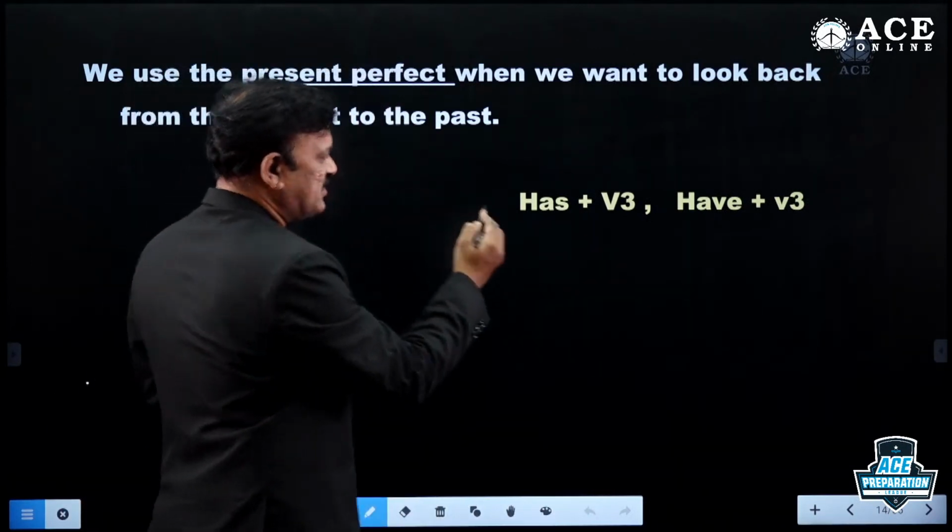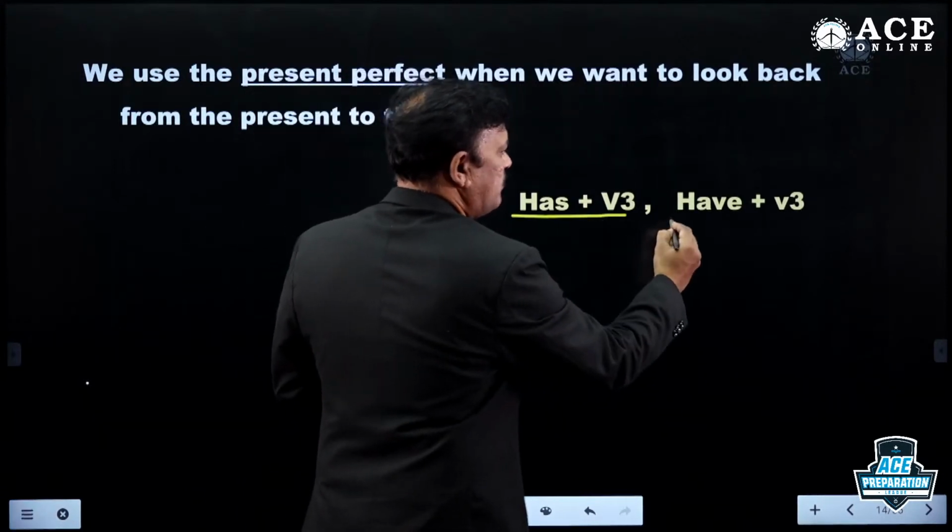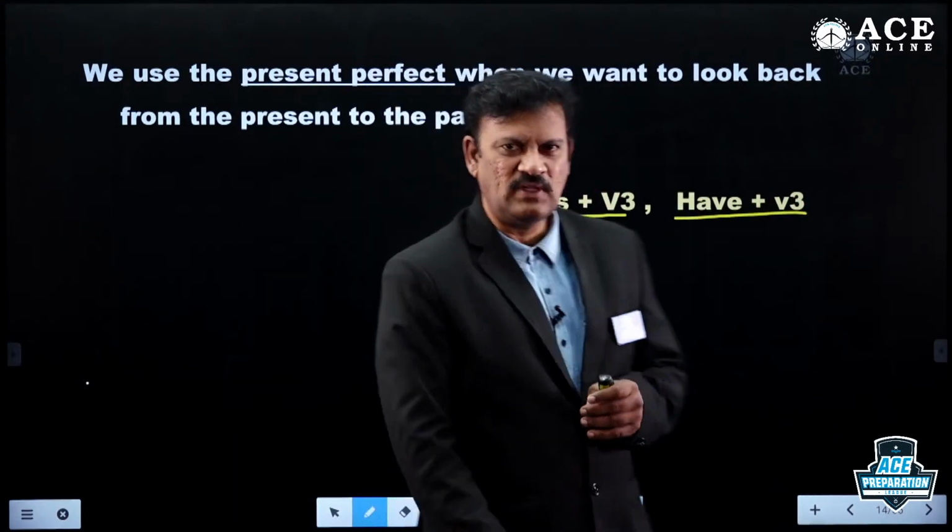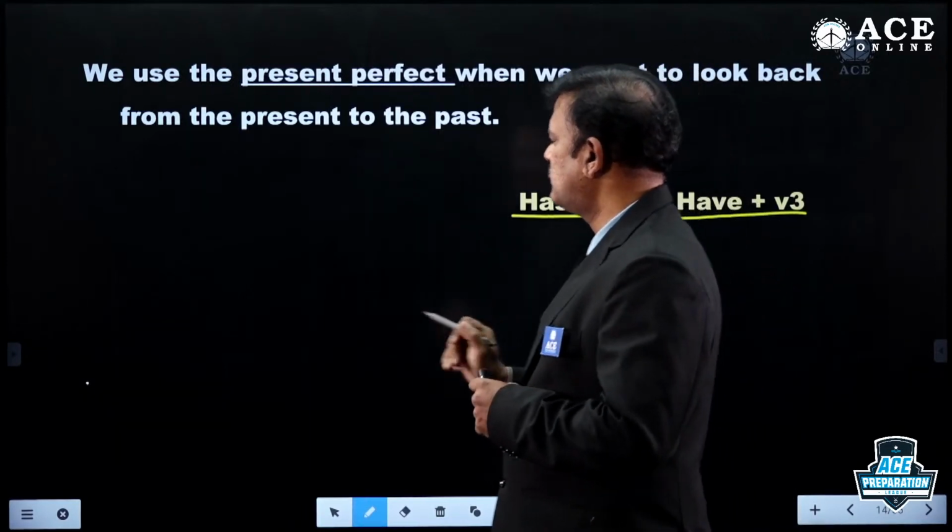First, look at this present perfect structure. Has plus V3, have plus V3. Look at these two sentences.